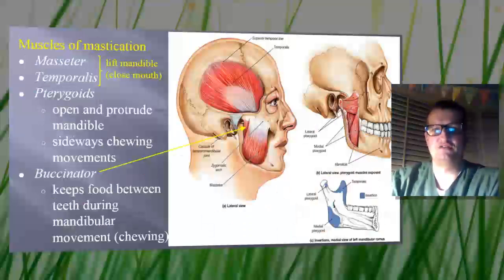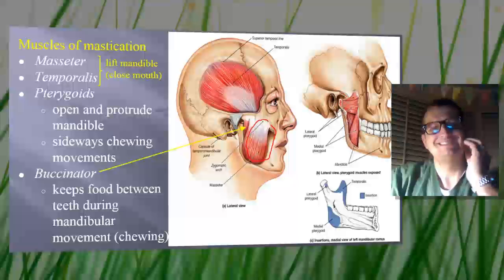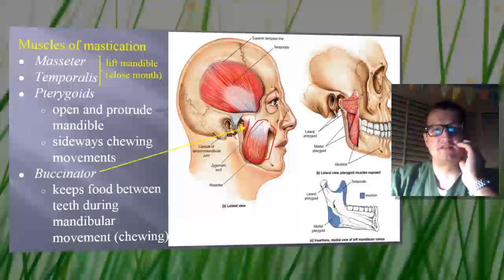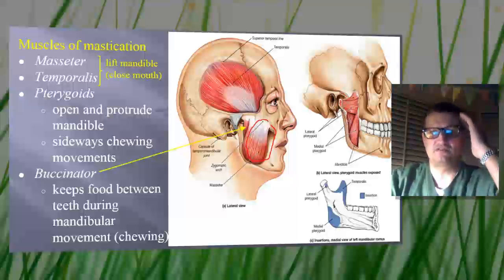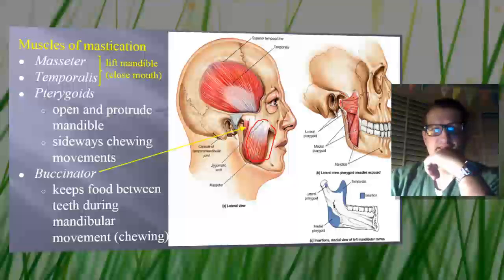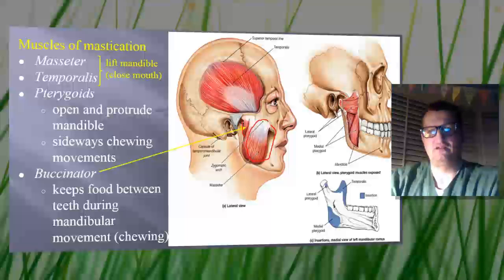Muscles of mastication include the masseter muscle here, which is the major muscle right there. The temporalis is up in this region, and also the buccinator muscle here. This is with the masseter muscle cut away.